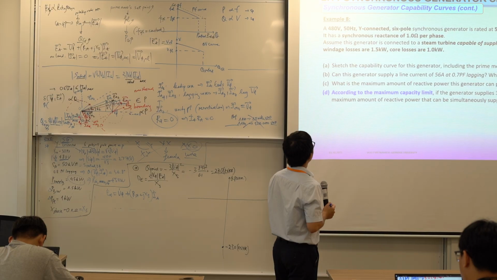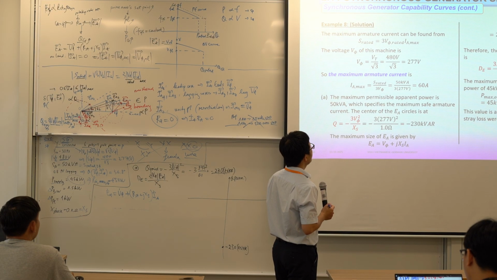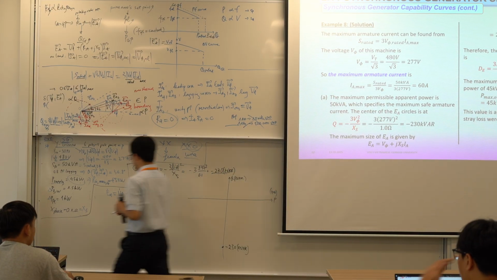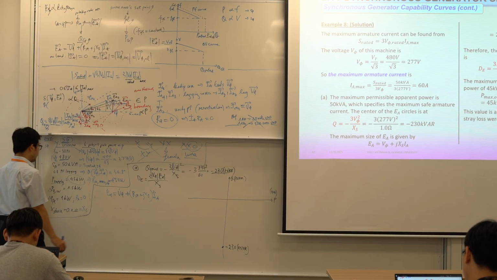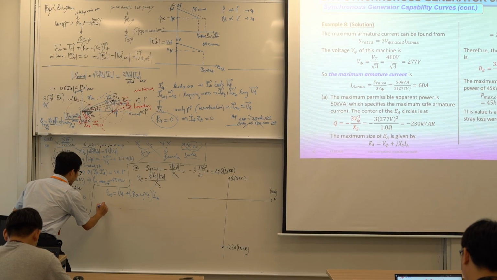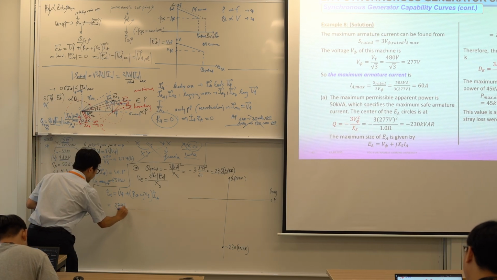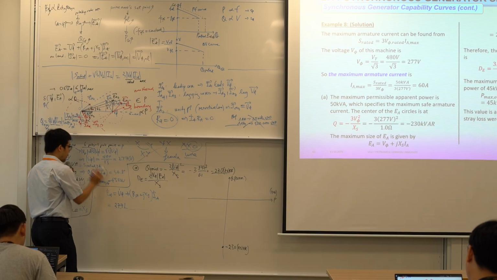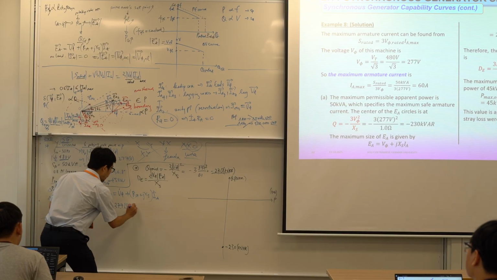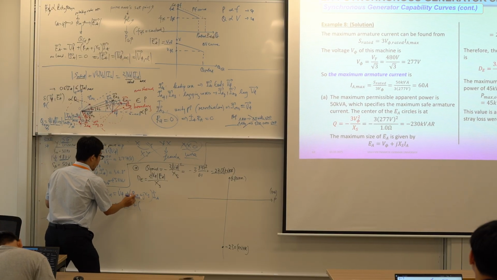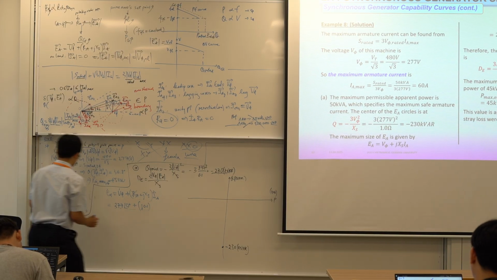No. So we get V phase here 277, and we know the phase angle of V phase is 0 degree, plus j, I ignore RA, so you get j 0.1 times IA.